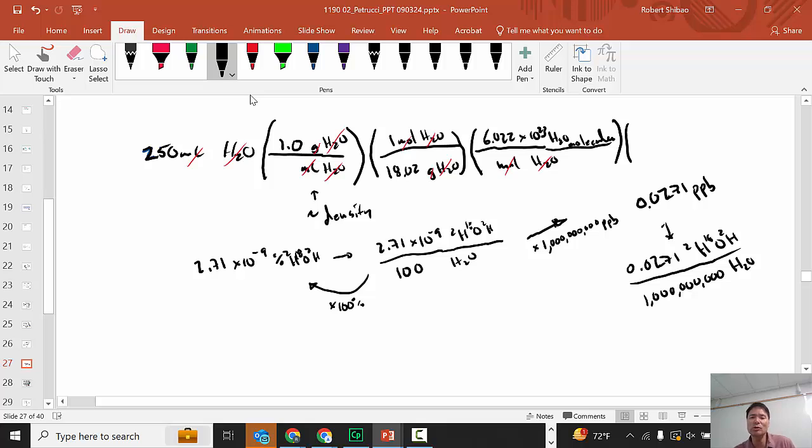Let me go to parts per trillion. So to convert this to parts per trillion, I'm going to multiply by 1 trillion, or 10 to the 12th. And so this would be PPT. If I do that and multiply it out, I'm going to get 27.1 parts per trillion H2O18 H2.